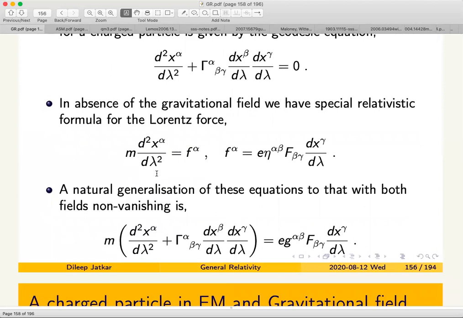And remember that the Lorentz force equation is a tensorial equation, and therefore, if there is a force acting on the charged particle in some frame, then it is there in all other frames, and therefore, this quantity is necessarily non-zero if there is an electromagnetic field acting on a charged particle.